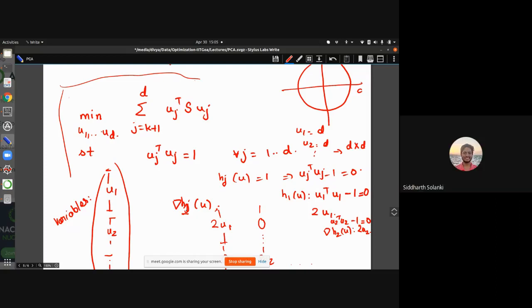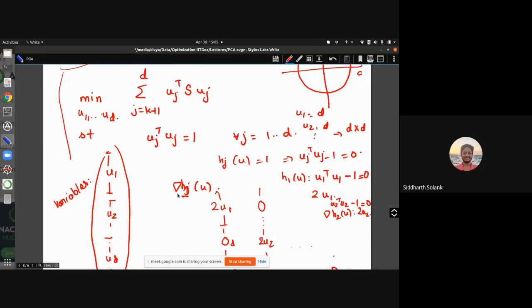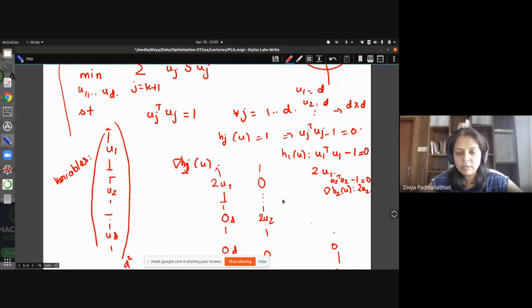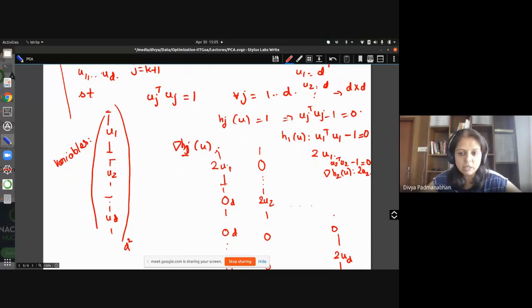Siddharth? Yes, ma'am. If every component is a variable, shouldn't we take the gradient with respect to each component separately? Yeah, that's exactly what we are doing. The total number of variables is d square, and when we take the gradient, we take it with respect to each of these d square components.